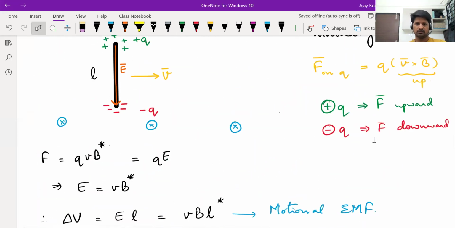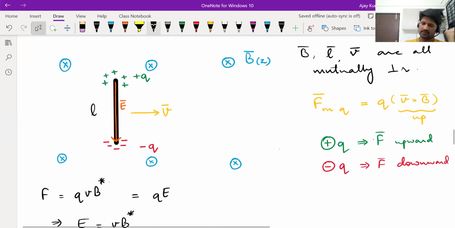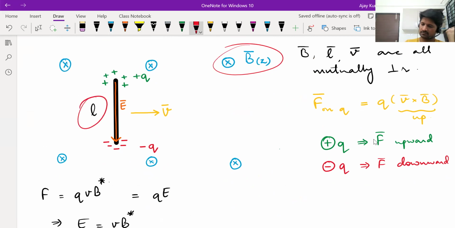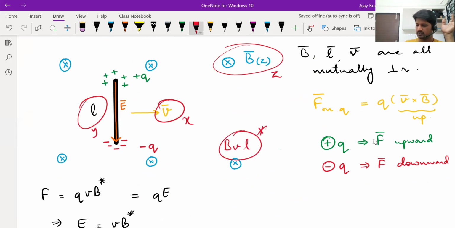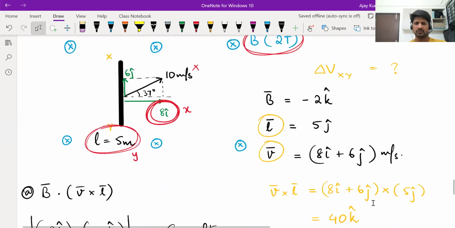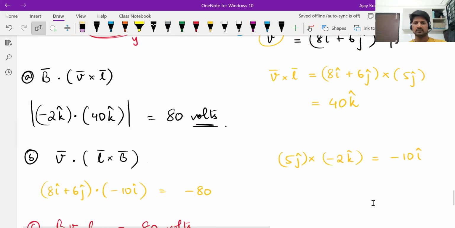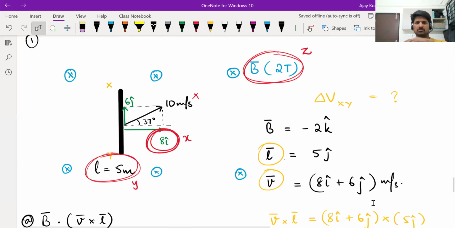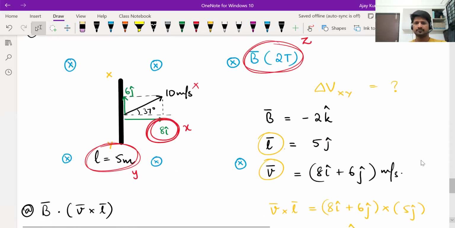What we derived is also only that: magnetic field in Z direction, length in Y direction, and velocity in X direction. Then you can use BVL, but not always, not in other cases. Generally, this is how you find out motional EMF. If you have any doubt in this, you can ask.